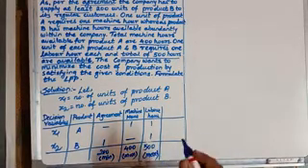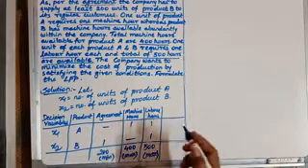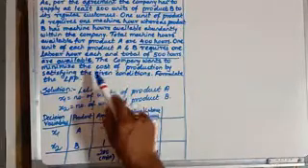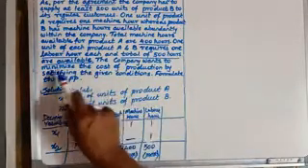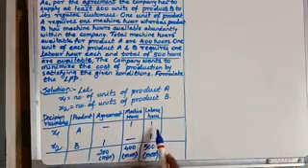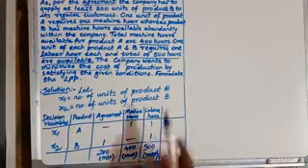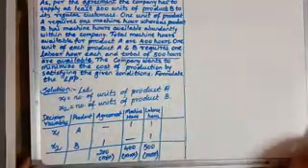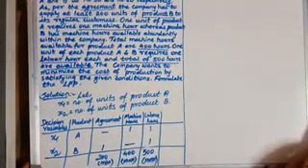Now the last but not the least one is our aim, that we have to minimize the cost. The cost of producing 1 unit of product A and B is already given to us.